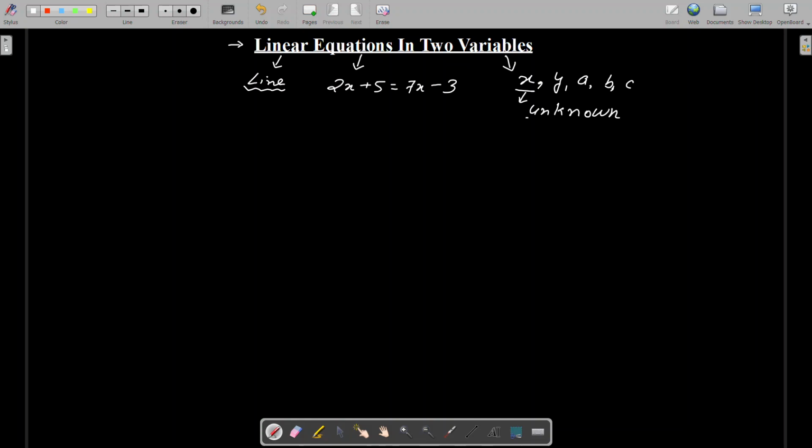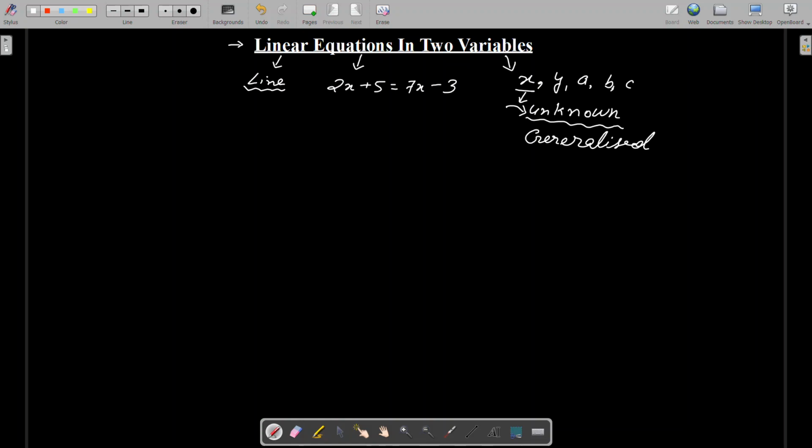In mathematics, variables are used for representing something unknown or to write something in a generalized way.